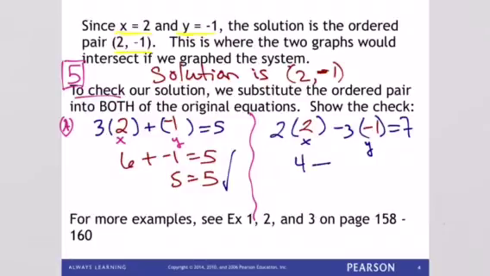Minus 3 times negative 1 is negative 3, but you're subtracting it, so it's plus 3 equals 7. And I get 7 equals 7. Hooray, it works. If you'd like to see some more examples, there are examples on page 158 in your book, numbers 1, 2, and 3, and they're all demonstrated. You can see what's what on those.